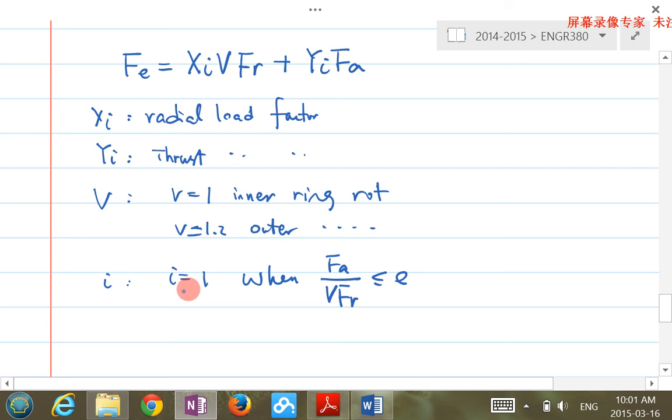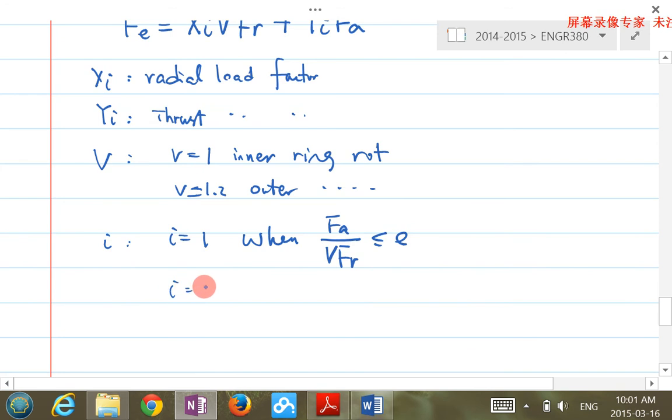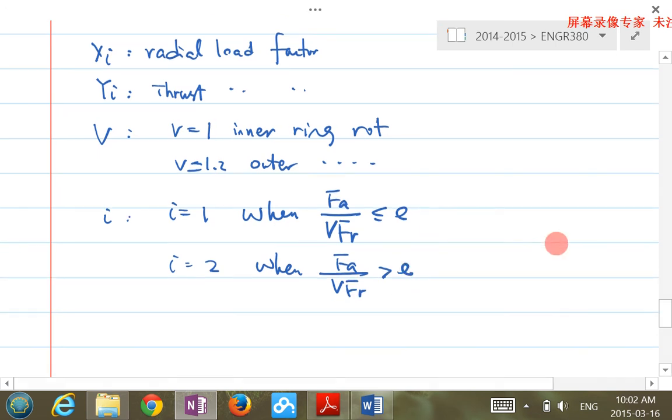So just remember, i will take the value 1 if this ratio is less than e, and i will take the value 2 when the same ratio is greater than e. e is called the limiting factor. e is called a limiting factor for bearing load ratio.